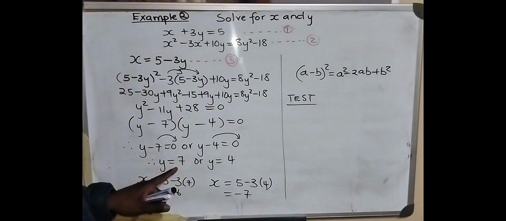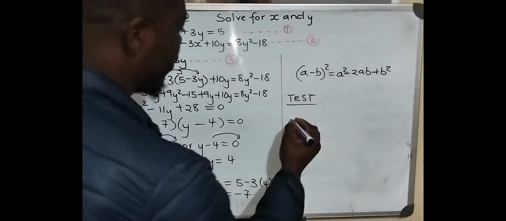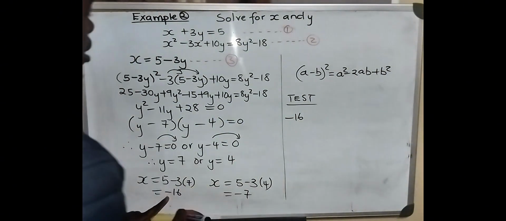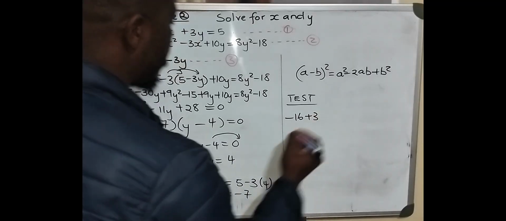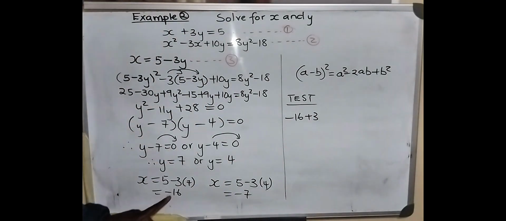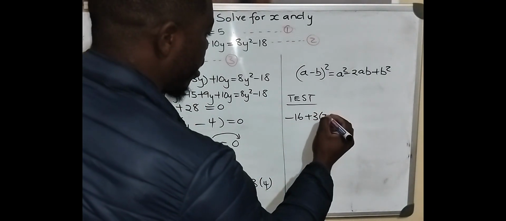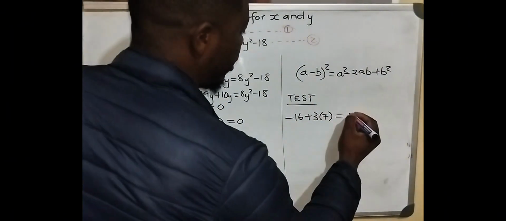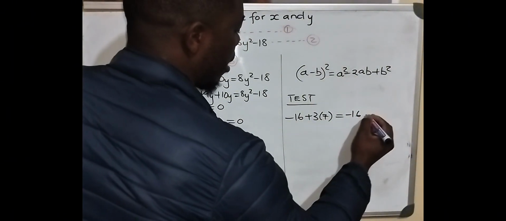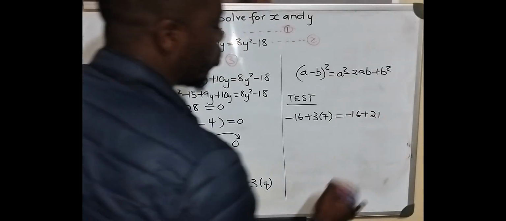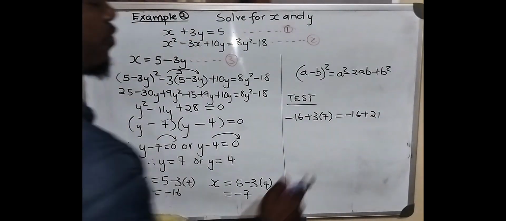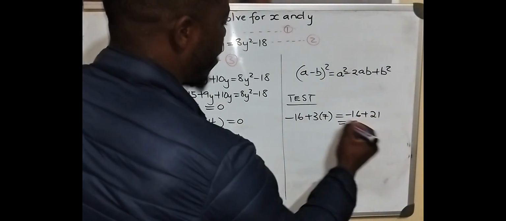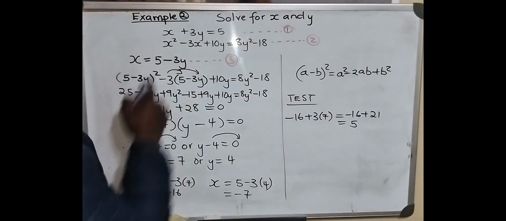The value of x is negative 16 plus 3 times the value of y, that's 7, and see what we obtain. So here we're going to get negative 16 plus 21. So you can see from this that you're going to get 5, and that's what you have.